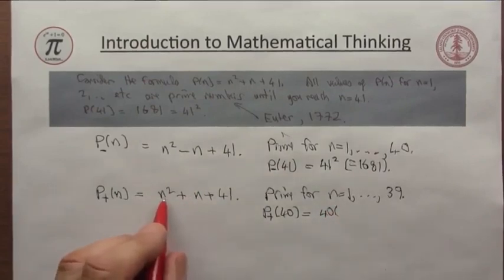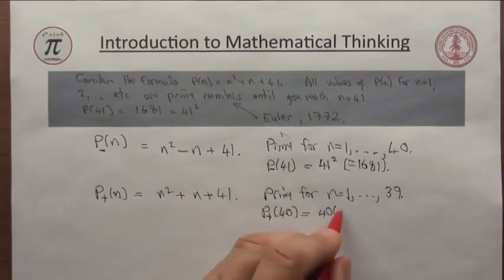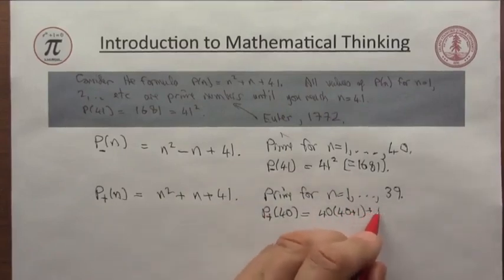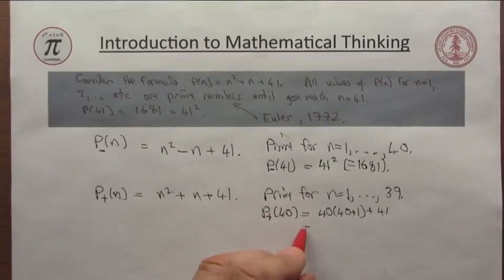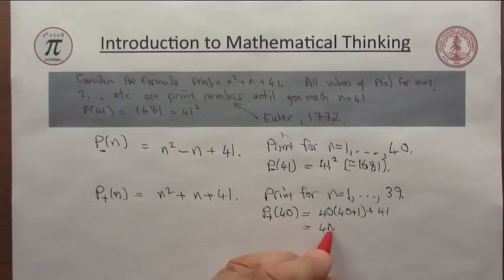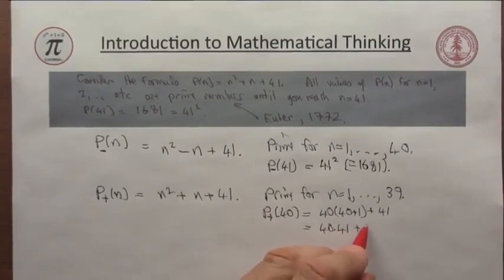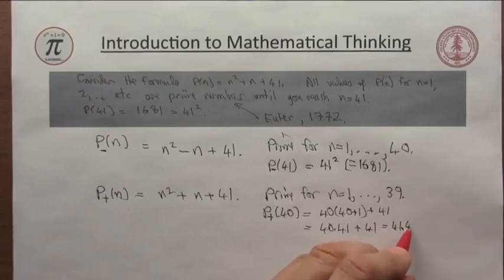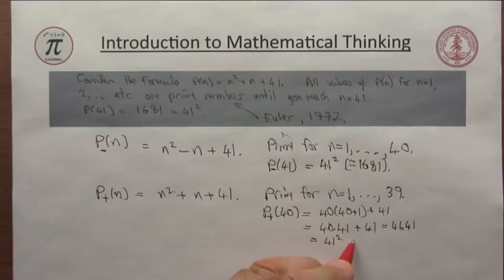N squared plus n is n times n plus 1, so it's 40 times 40 plus 1 plus 41, which is 40 times 41 plus 41. So I've got 40 times 41 and then another 41. That means I've got 41 lots of 41, which again is 41 squared equals 1681.